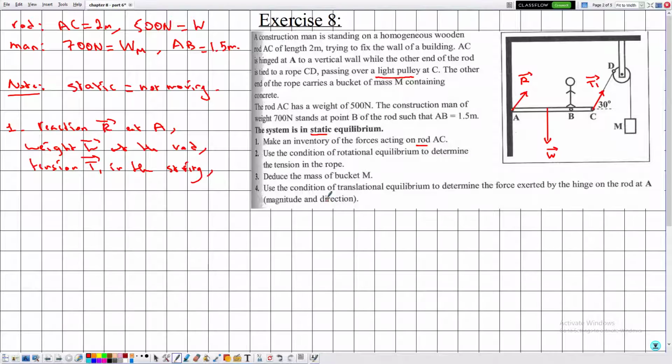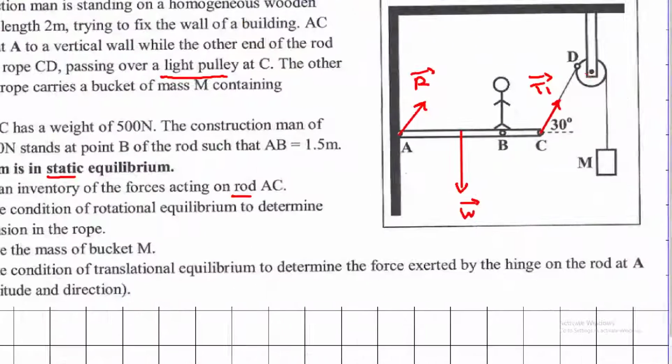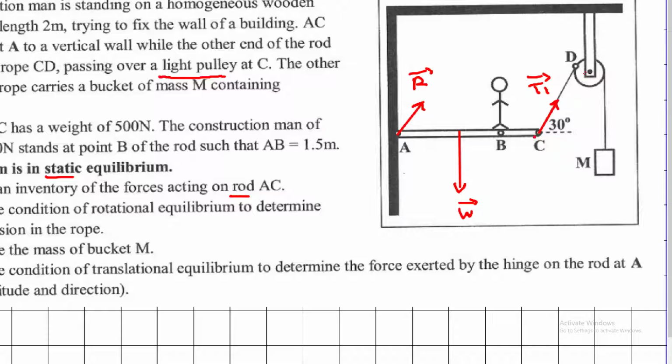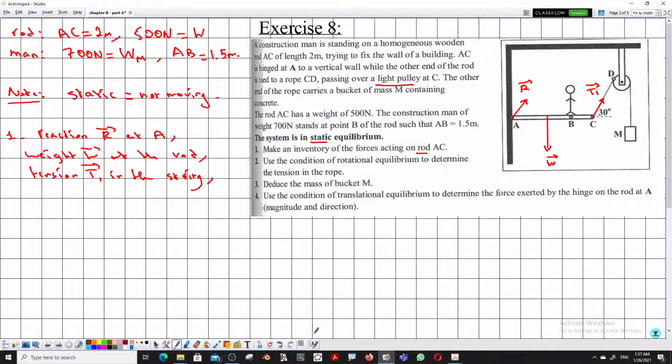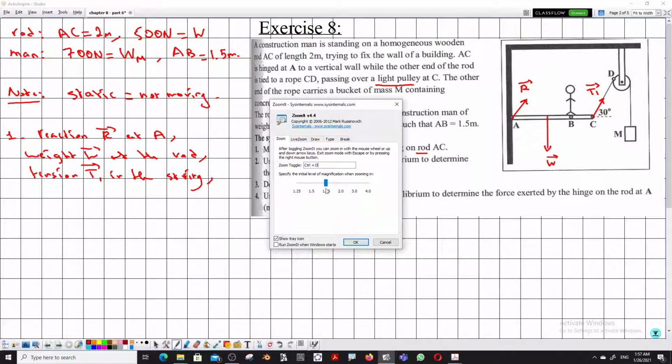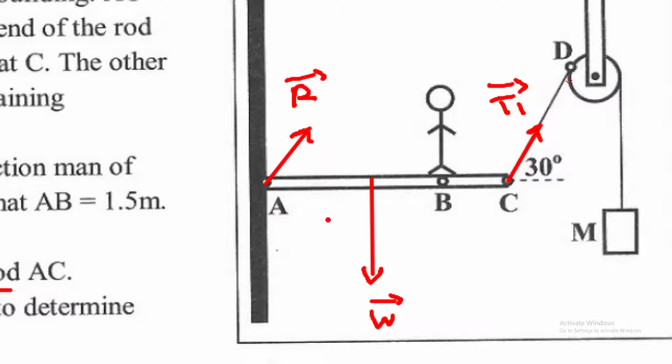Now there is another force that we should consider, which is the weight of the man, right? Because the man is exerting an action on the rod AC. One of the options is to say that the weight that we should represent is like this, on the center of gravity of the man, so this is Wm for man.